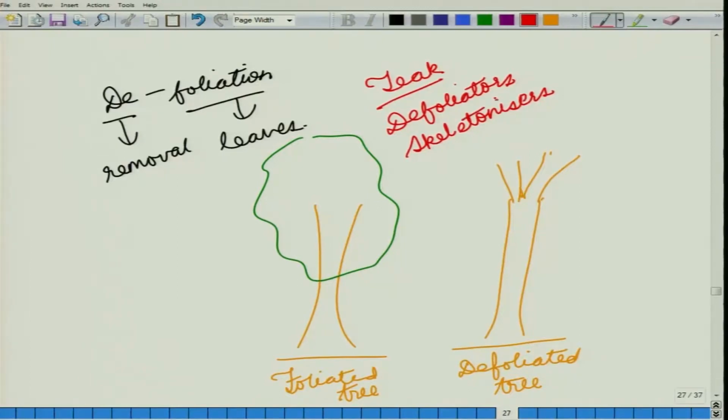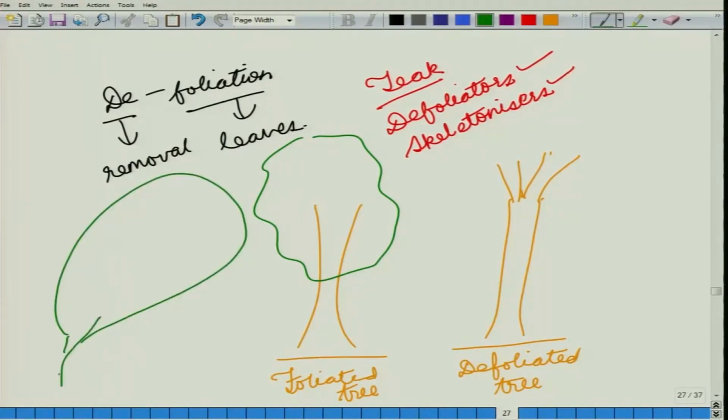Now, what does a defoliator do? A defoliator just makes all the leaves drop down to the forest floor, whereas in the case of a skeletonizer, suppose consider this to be a leaf.